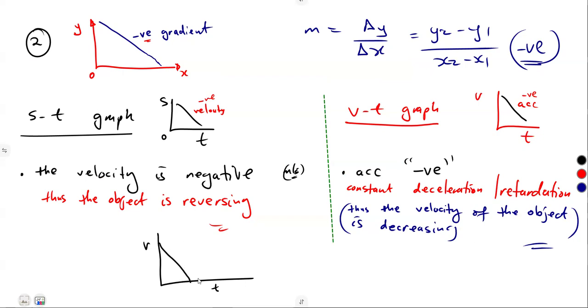But since it is a straight line, that decrease is constant. That is the same thing as this velocity being negative when you are talking about the displacement time graph, it is also constant, just like what we had before.